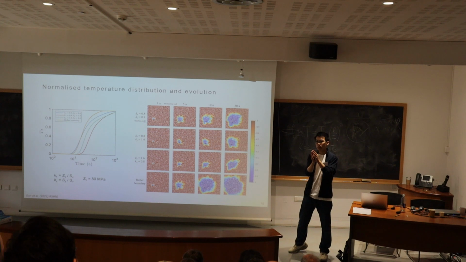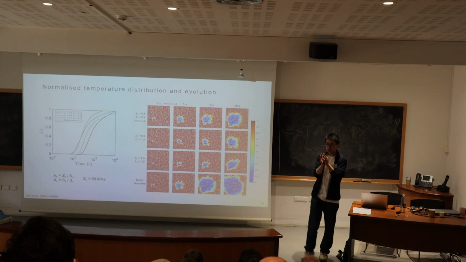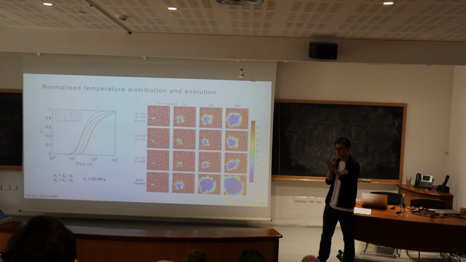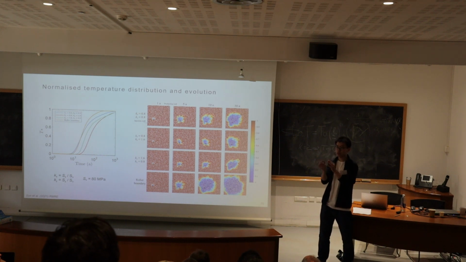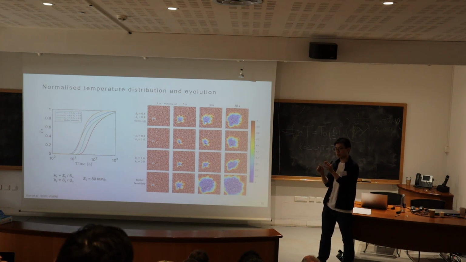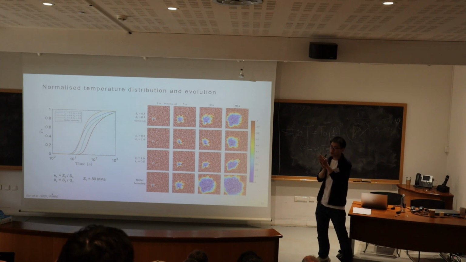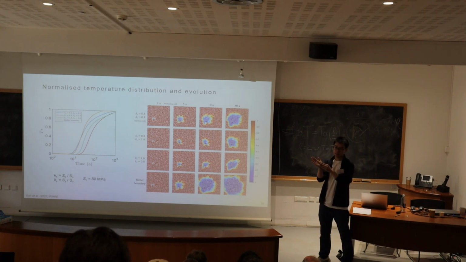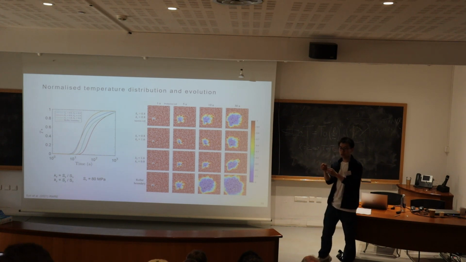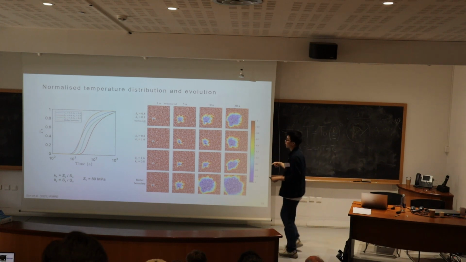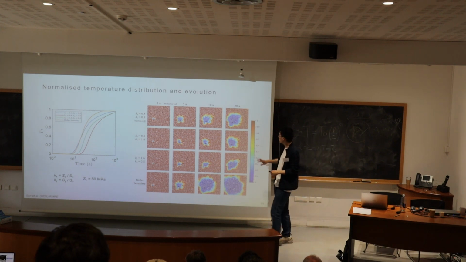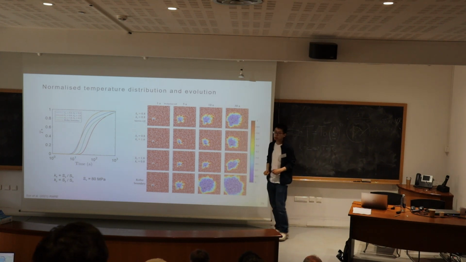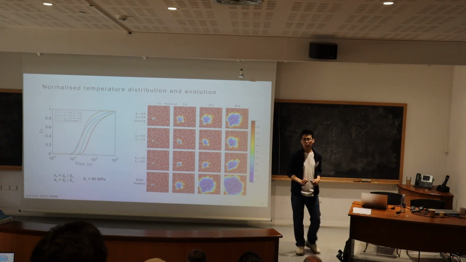This will cause the opening of the fracture, and on the other hand, it can also reduce the shear strength of the rock, because when you reduce the normal stress, you reduce the shear strength. This would promote shear dilation, which can further increase the aperture. Okay? So this has been captured by our thermohydromechanical model.